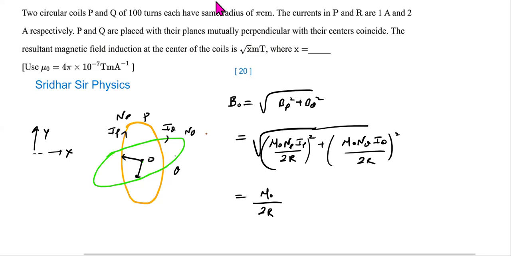So mu naught by 2R will come outside, times the square root of NP IP whole square plus NQ IQ whole square.